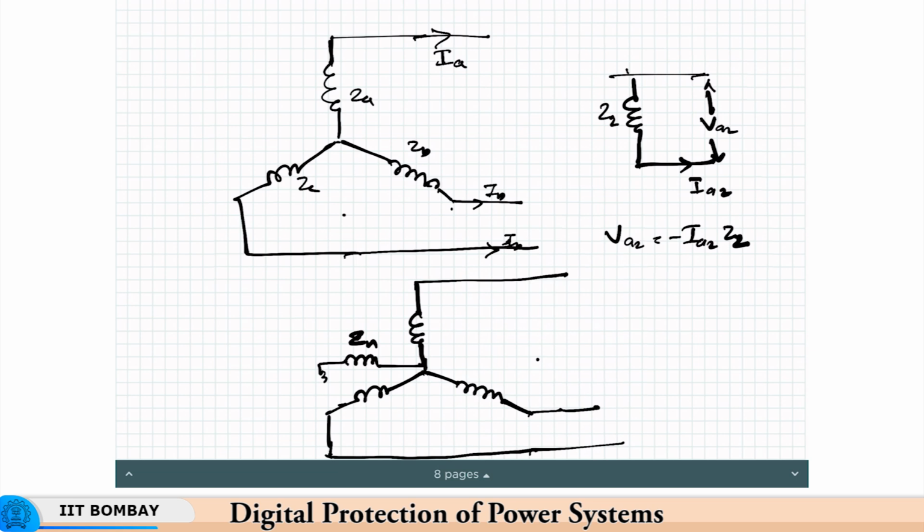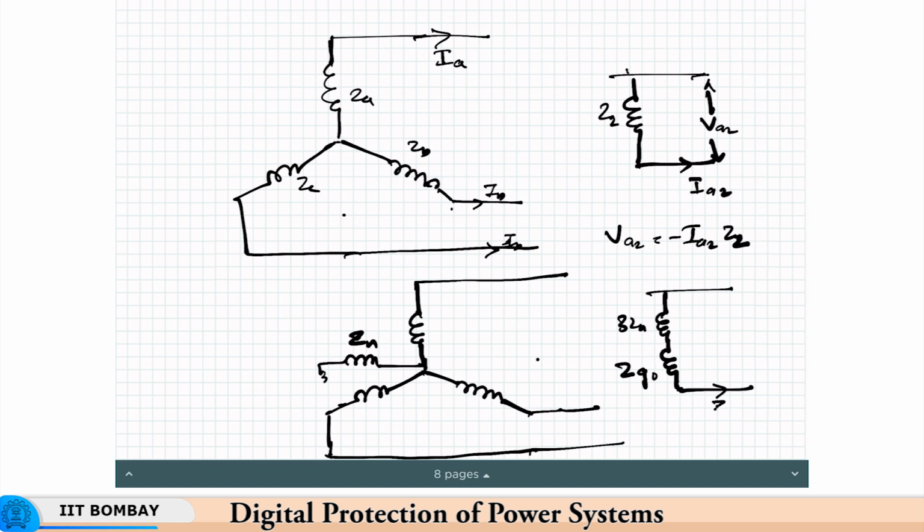So, this will now look like 3 Zn plus, just for the sake of convenience, we are labeling the zero sequence impedance of the generator as Zg0.